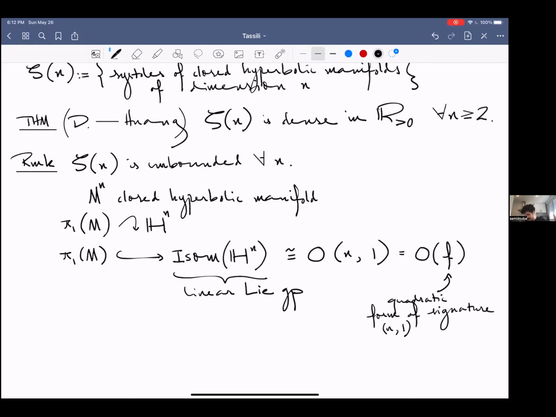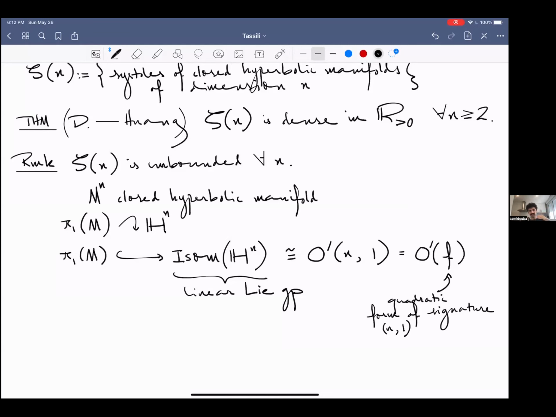The set of vectors in R^(n+1) on which this form evaluates to -1 is a 2-sheeted hyperboloid. And now this is just the group preserving each sheet. And each sheet then becomes a model for hyperbolic n-space. And this will become relevant later.